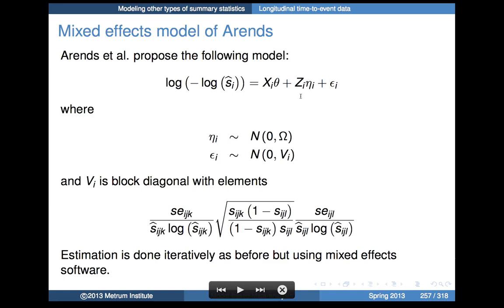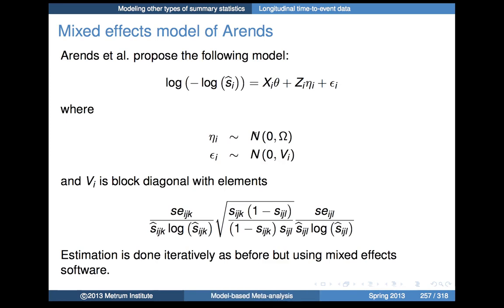And we'll say that the random effects have a distribution. Again, here i is denoting study. So the random effects from study i follow a normal distribution with mean 0 and variance covariance matrix omega. And again, the residual epsilon is a vector that follows a multivariate normal distribution with mean 0 and variance covariance matrix V_i.